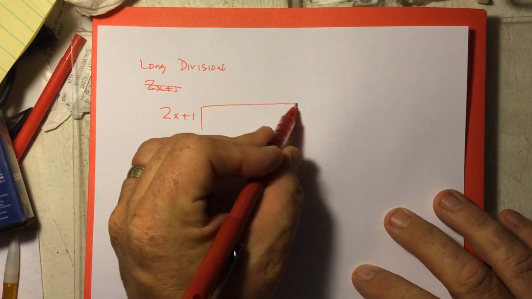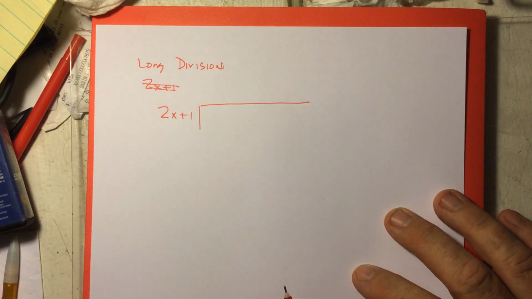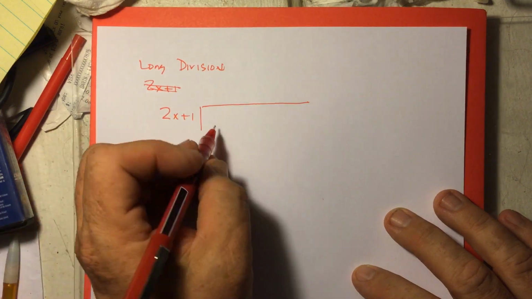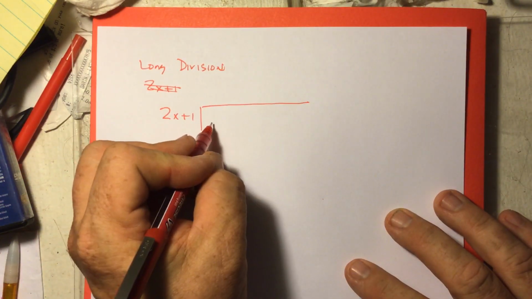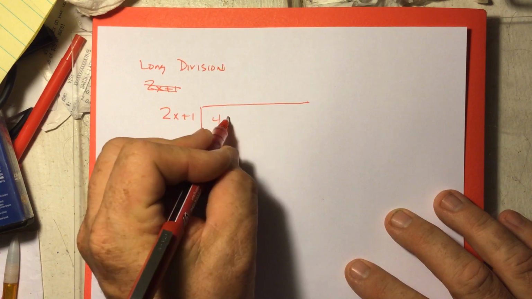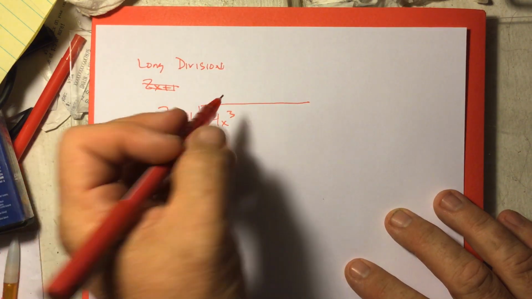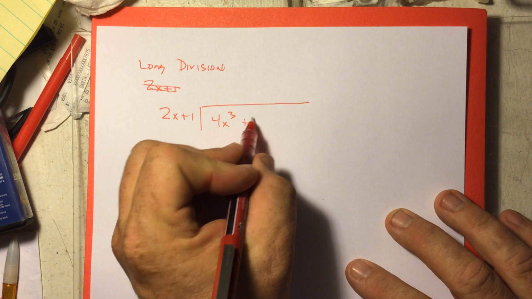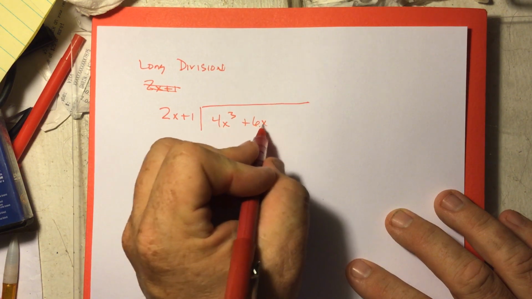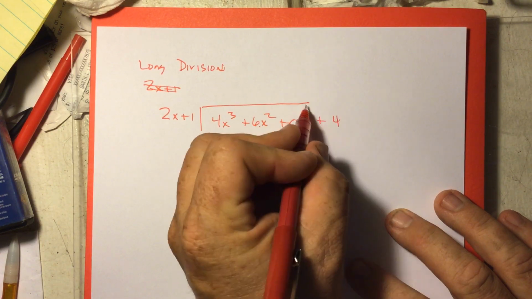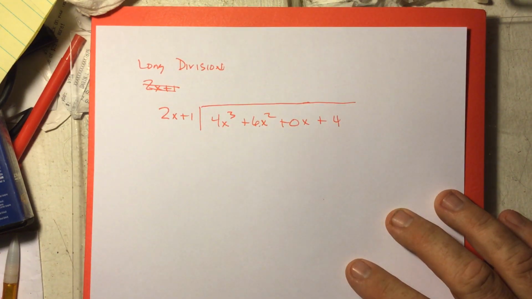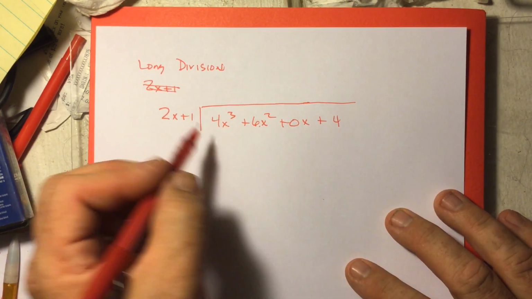And we're going to write that over, let's say, 4x to the third plus 6x squared plus 0x plus 4. Let's just do that. So we're going to divide.